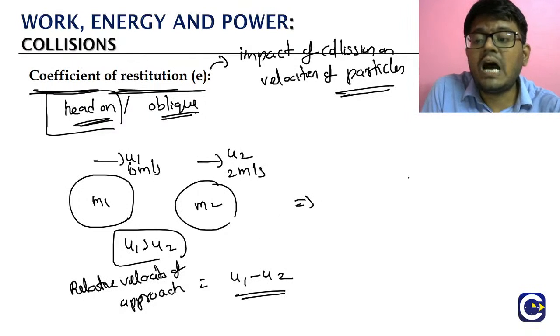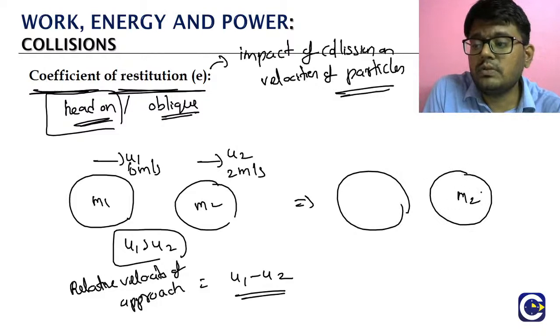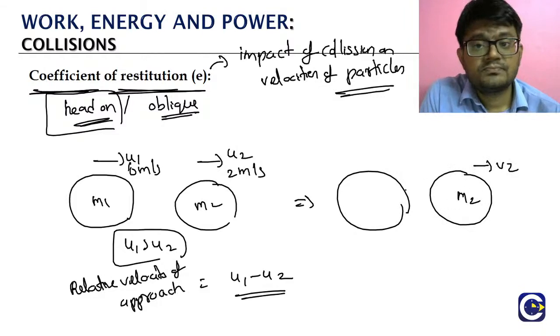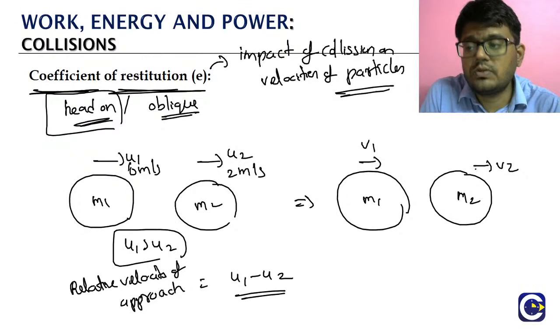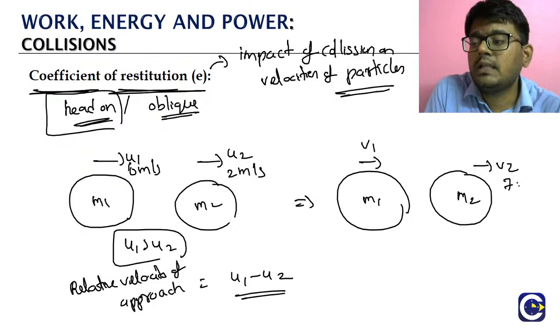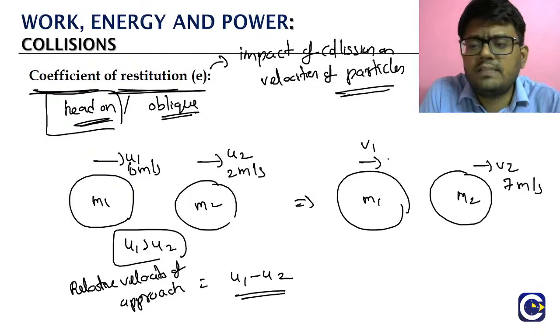Correct. Now after the collision, what is going to happen? Look at it. This M2 will start moving faster. M1, if it is also moving in the same direction, will slow down. So let's say for example V2 is now 7 meters per second. These are just sample numbers, and V1 is some 5 meters per second.